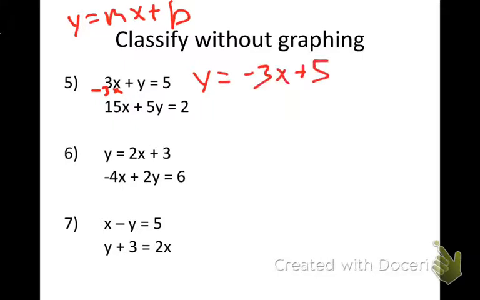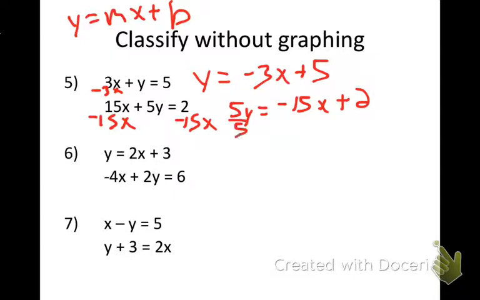Second one here, a lot more work. I need to subtract 15x from both sides, giving me 5y equals negative 15x plus 2. Divide by 5, and I get y equals negative 3x plus 2 over 5.